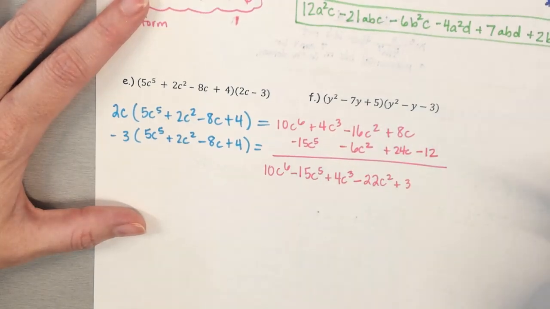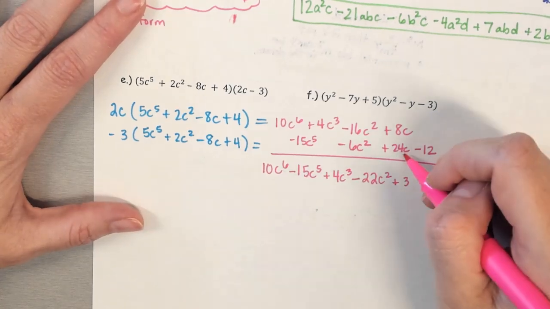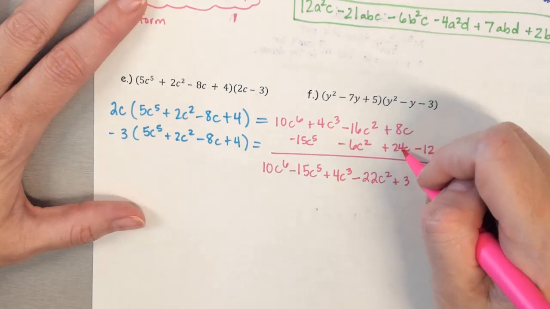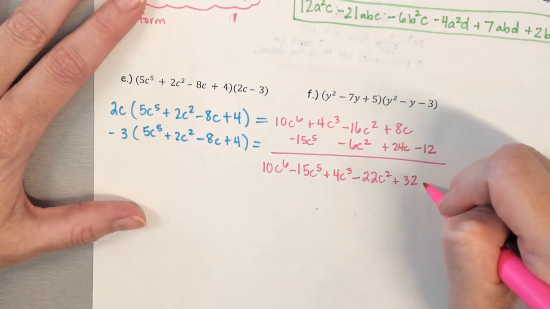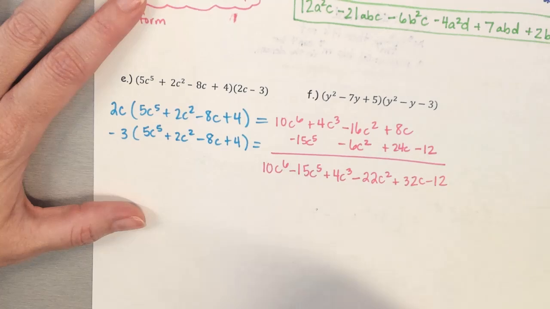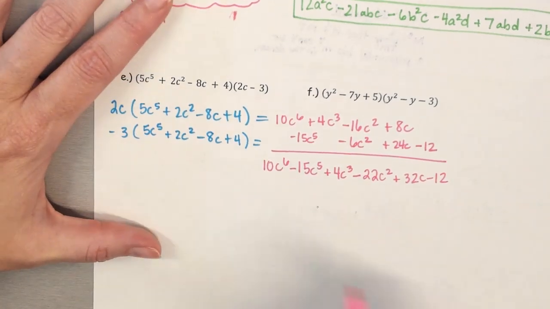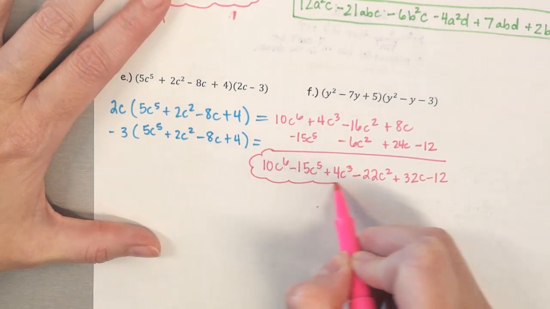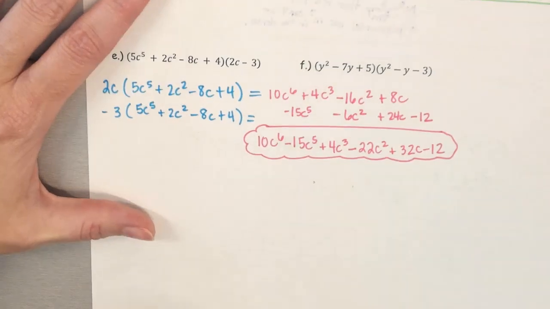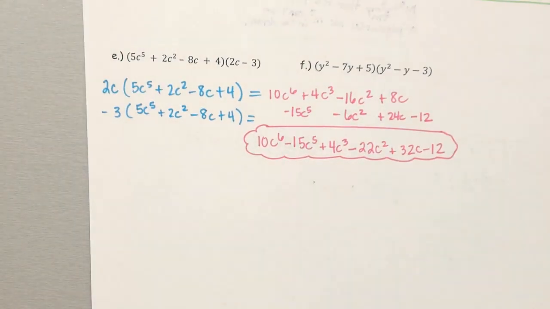Nope. If you subtracted. Did you subtract it? Add it together. Yep. I try to count up to 30. Like you'll need 6 to get to 30, so it'll be 32. And then minus 12. Okay, and then that is going to be your final answer, and that's in standard form for you.